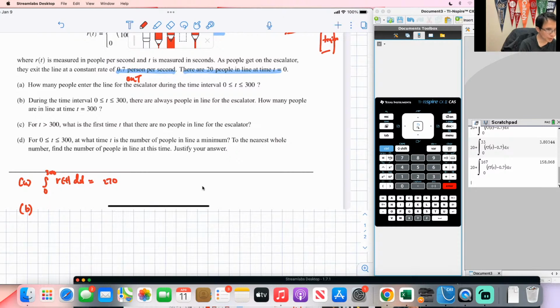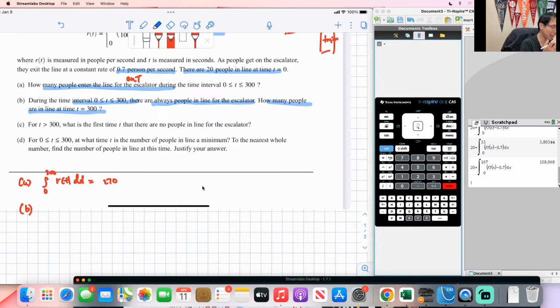During the time interval 0 to 300, there are always people in line at the escalator. How many people are in the line at 300? As opposed to the first question, which asks how many people enter the line, this one needs to include the initial condition. The first one doesn't, because they just want to see how many people enter the line; they don't care about those 20 people beforehand.